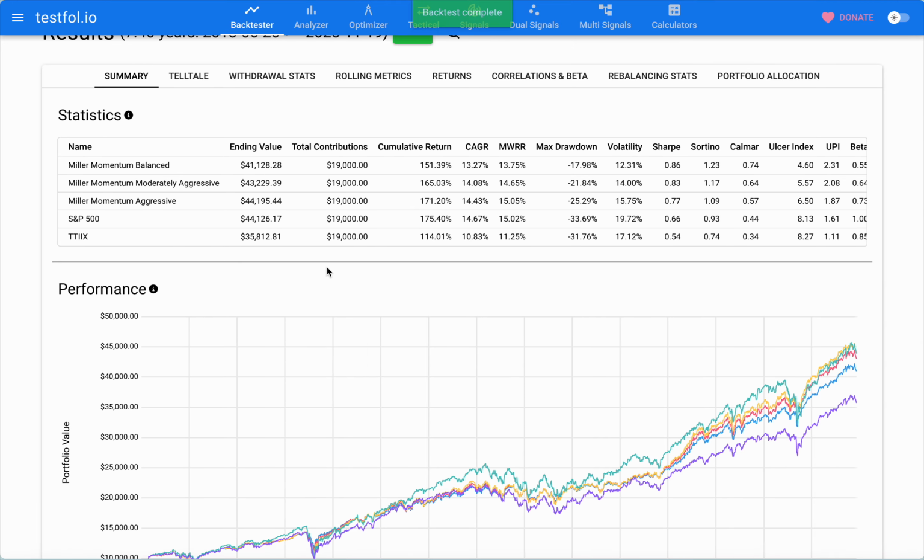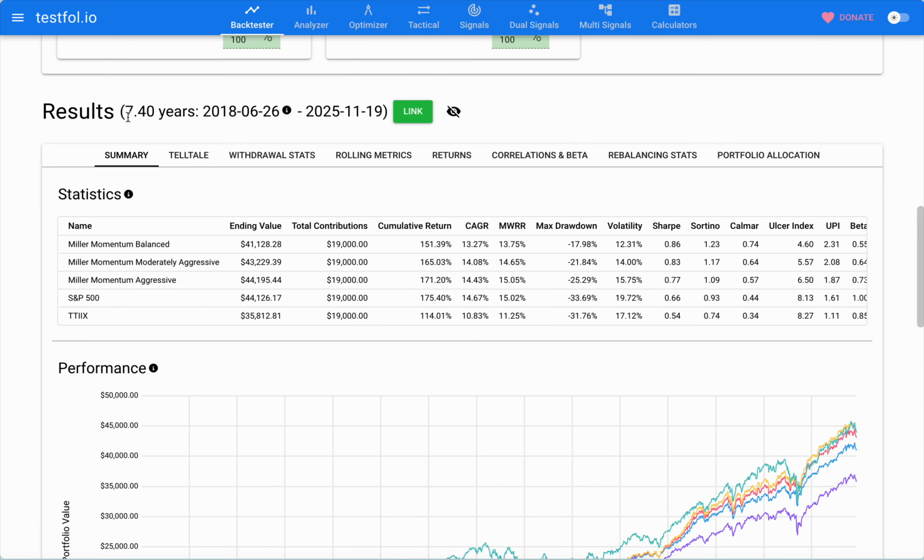Alright. So we've got the balanced allocation at the top, our moderately aggressive, and then the S&P 500 and the target date fund. At the aggressive level, you can see that my strategy is actually slightly beating the S&P 500 over a window of about 7 years.